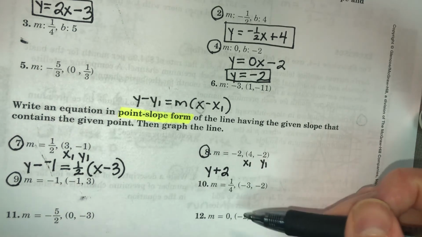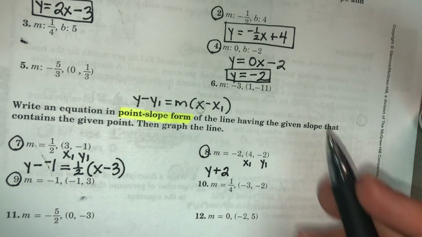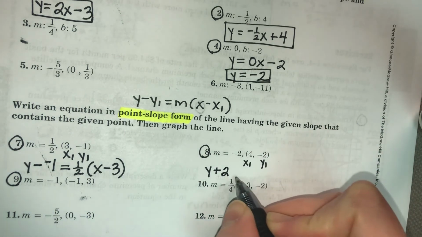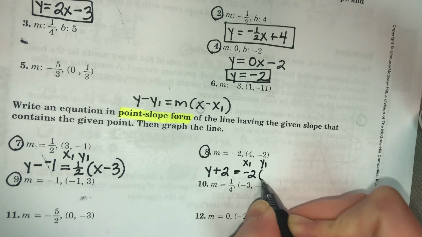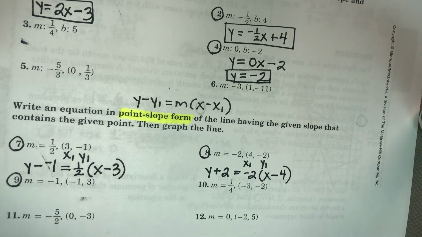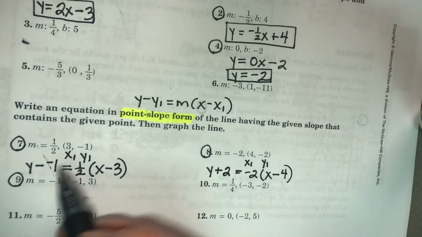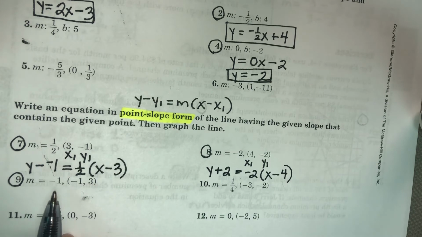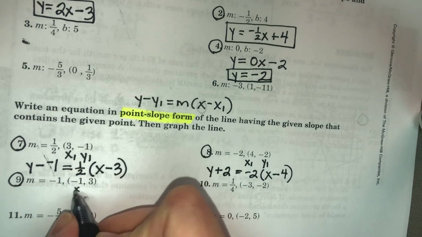Minus -2 means the same thing as +2, so I would take that either way. Equals -2 times x minus 4. So that's the answer.